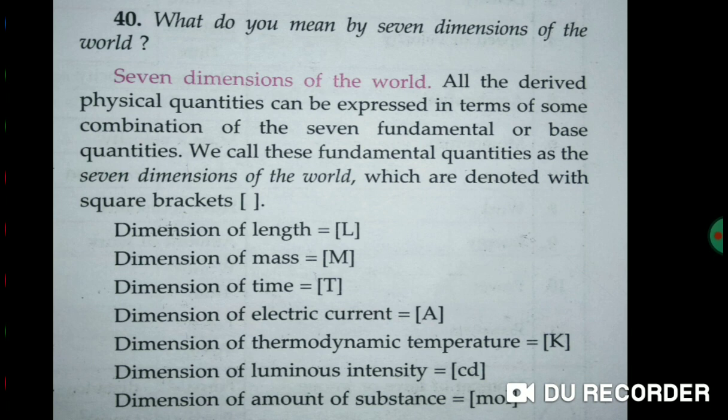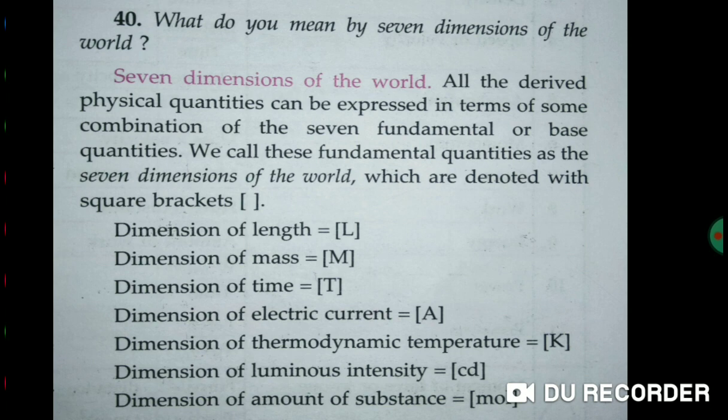What are these 7 fundamental or base quantities? These are length, mass, time, electric current, temperature, luminous intensity, and amount of substance.